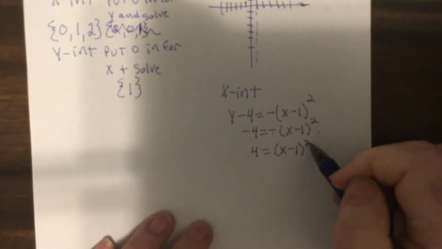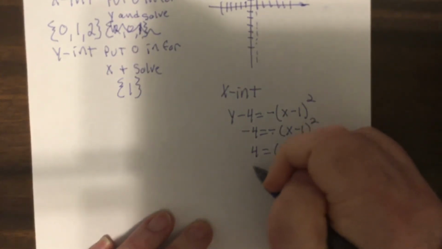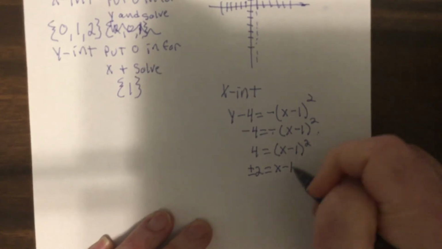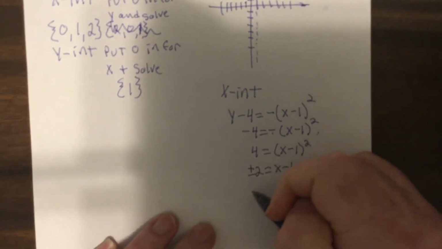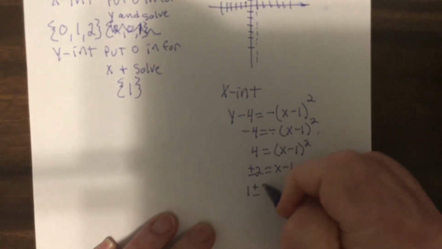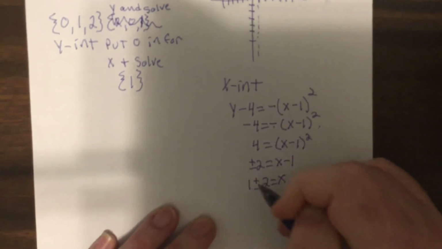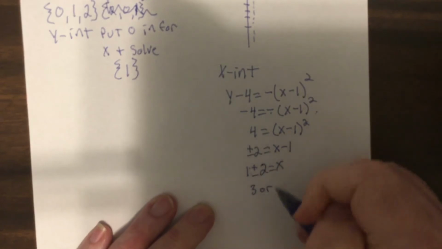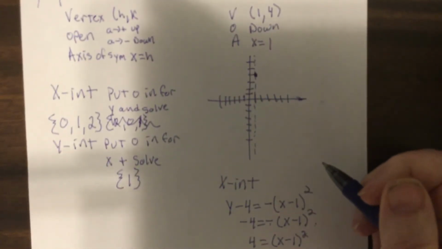So then if you remember, we square root both sides. So this would be plus or minus 2 equals X minus 1. So add 1. It'd be 1 plus or minus 2, which is 1 plus 2 is 3, or 1 minus 2 is negative 1. So let's plot that.